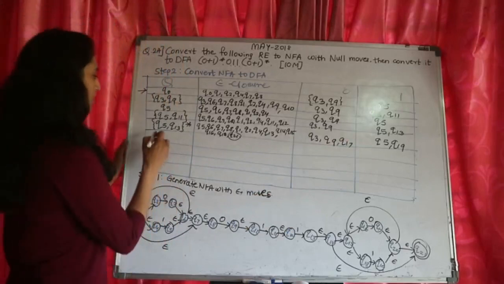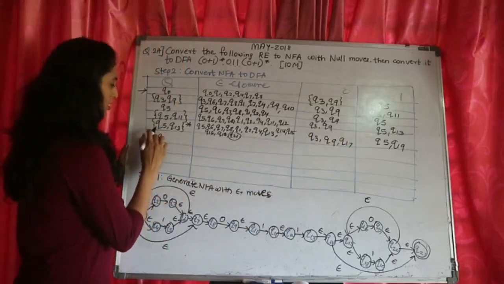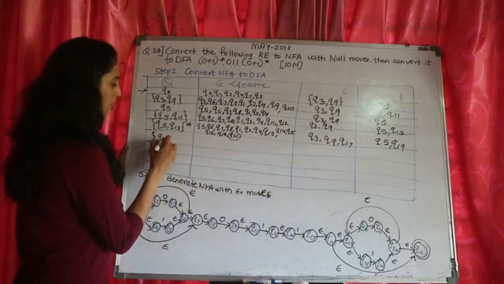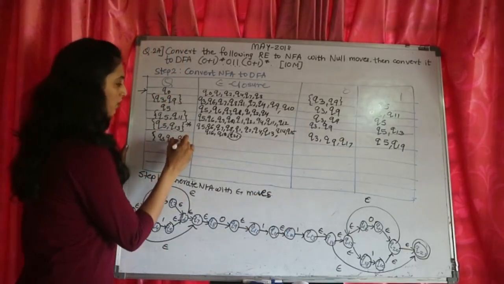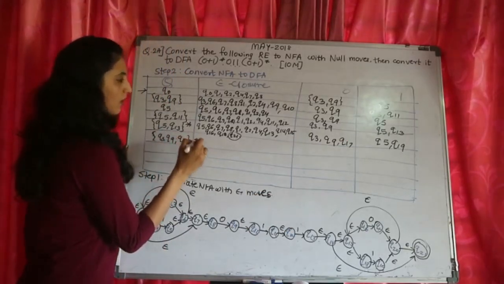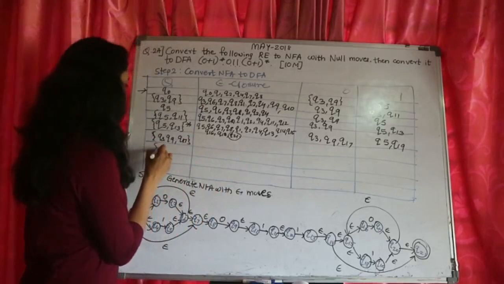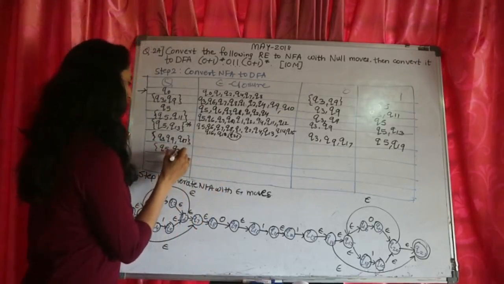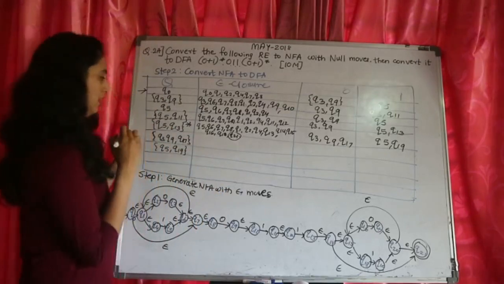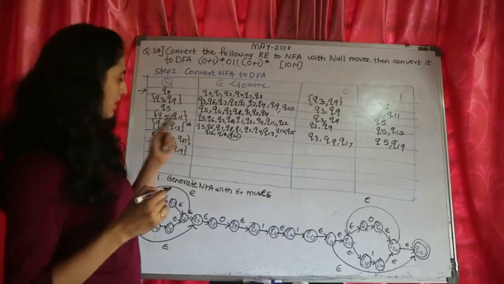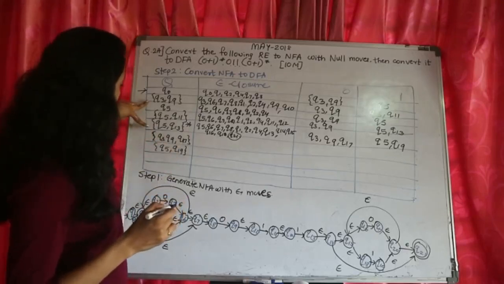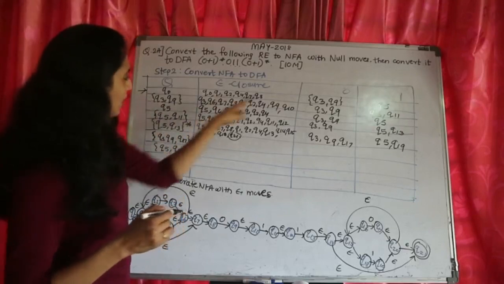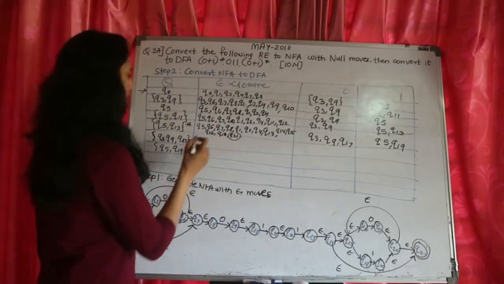Now we have these two new states. We'll write down all the new states, that is Q3, Q9, Q17, Q5 and Q19. Okay, Q3, 9 and 17. So Q3 and 9 is the same over here and here. I'll copy the entire thing as it is and then I'll see.